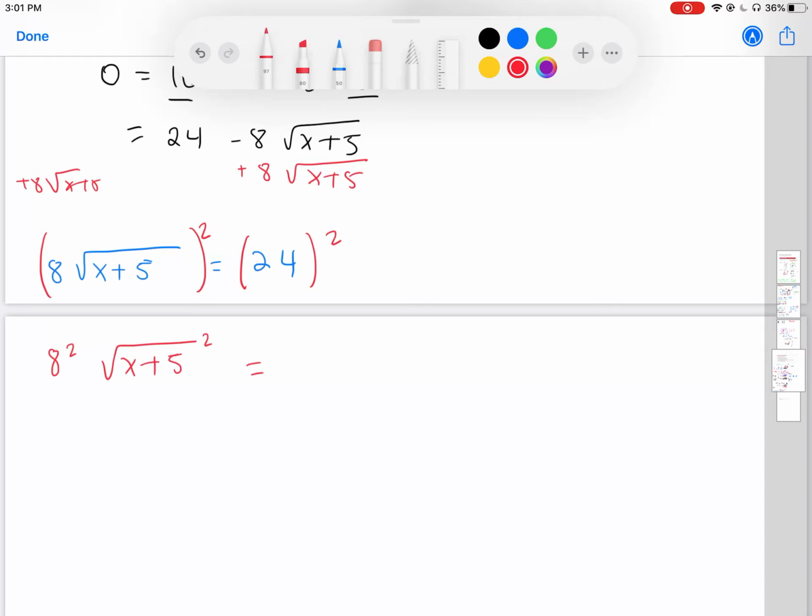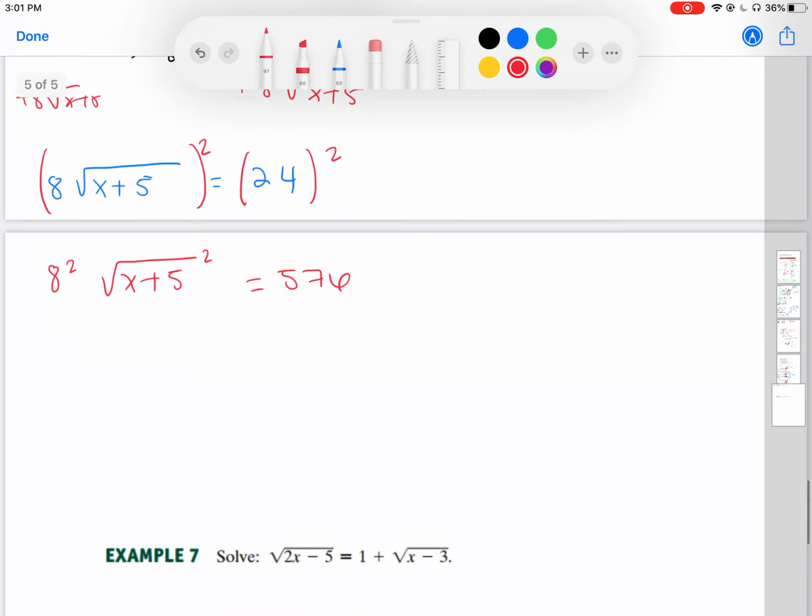So let's go ahead and use our calculator. 24 raised to the second power is 576. All right. 8 squared is 64. This square root and that square undo each other, so we're left with just x plus 5 is equal to 576.